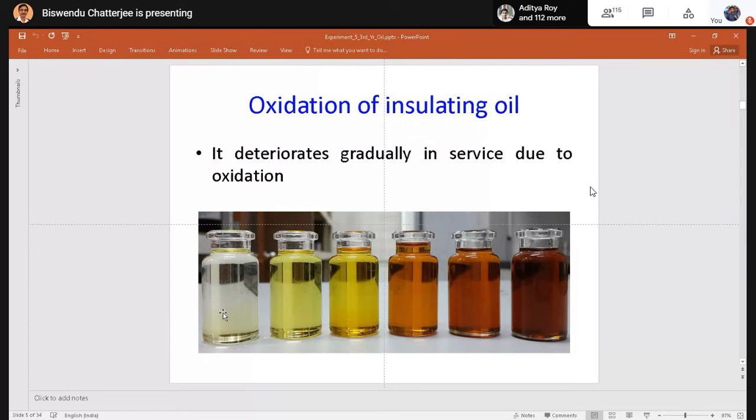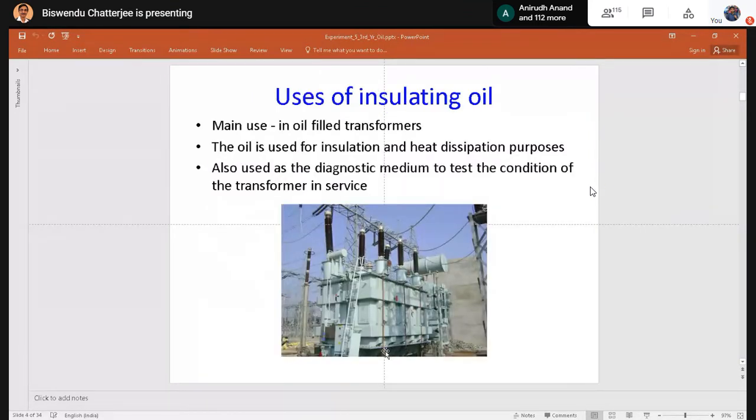This is the beginning. With use, you can see the color gradually darkens, and after quite some use, the oil darkens to a dark coffee color, and the transparency is also lost. It is very much opaque. So can you now distinguish? Suppose you don't know the condition of this transformer.